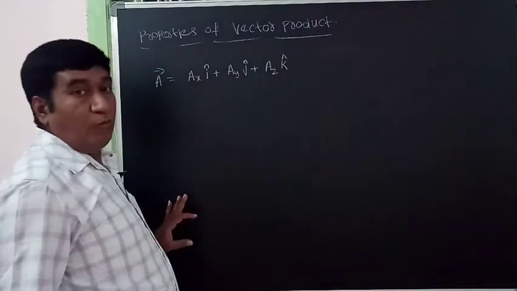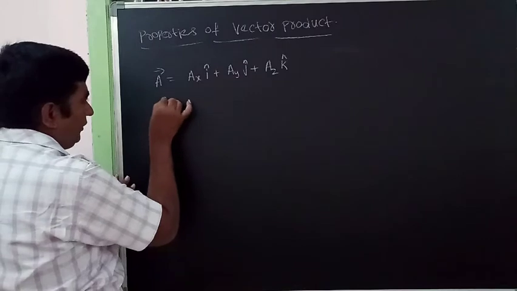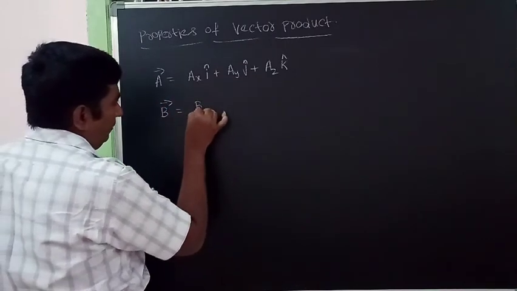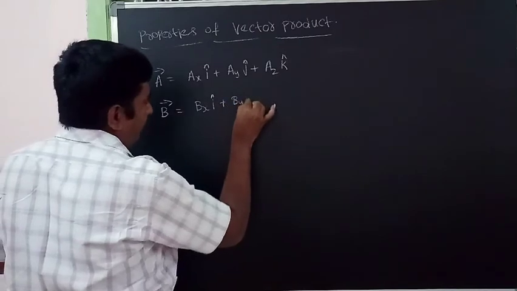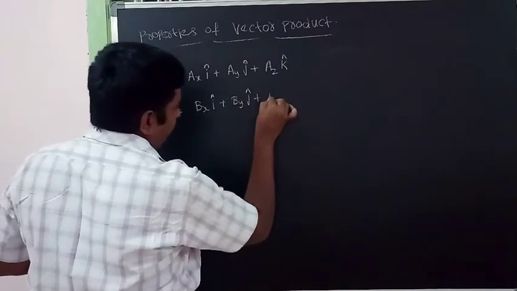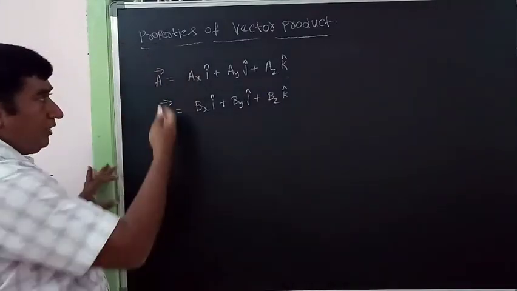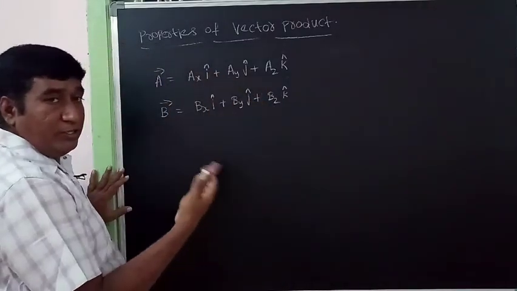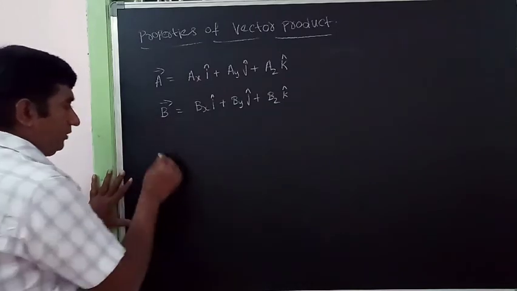This is one vector given in 3 dimensions. And one more vector, b, equal to bx i cap plus by j cap plus bz k cap. Here they give ax, ay, az; instead of that, they will give the magnitude, some number. So how can we do this?